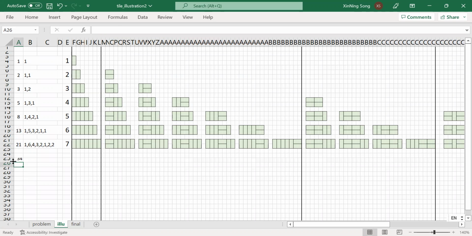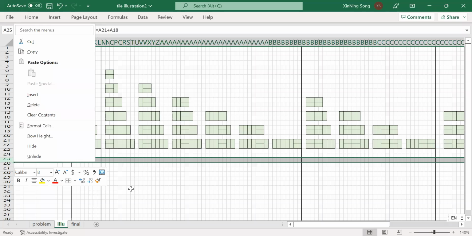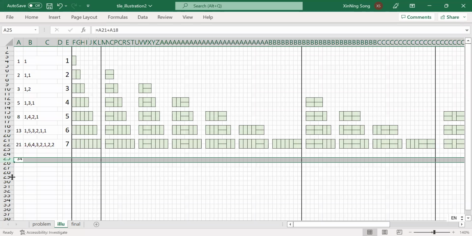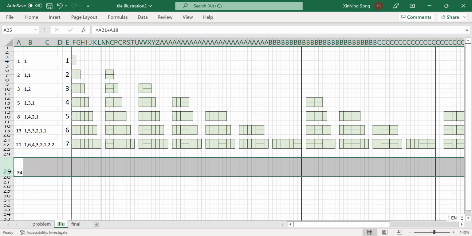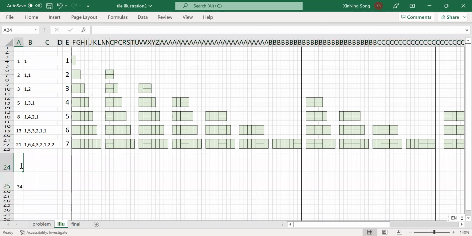Without going further, we probably can see that it equals 21 plus 13. That would be the next number of arrangements. So how do we really fully convince ourselves that we are not going to miss anything?